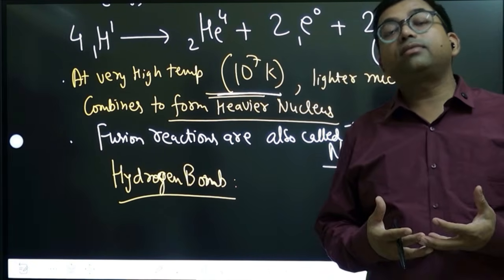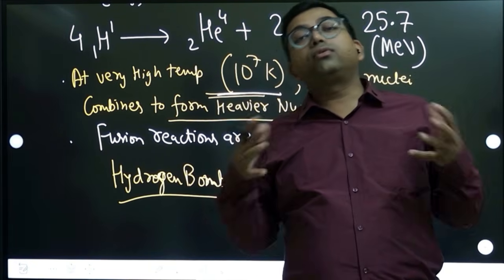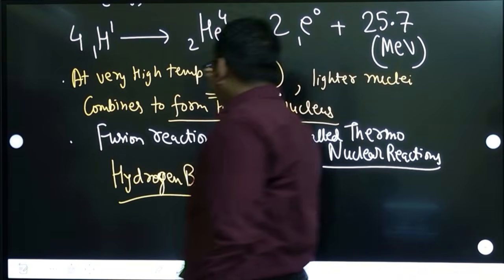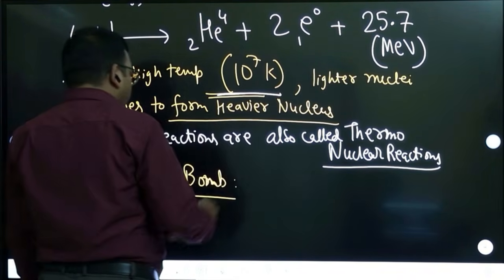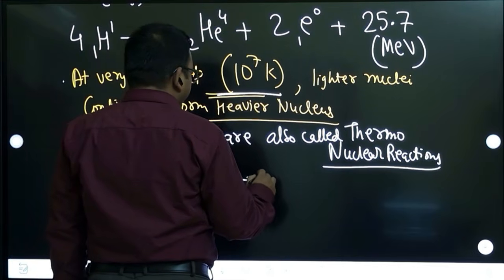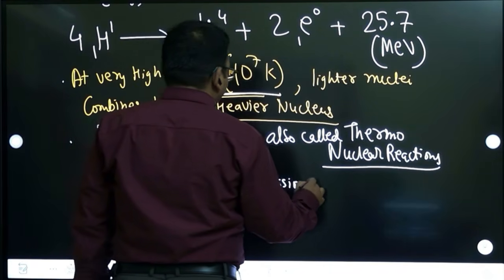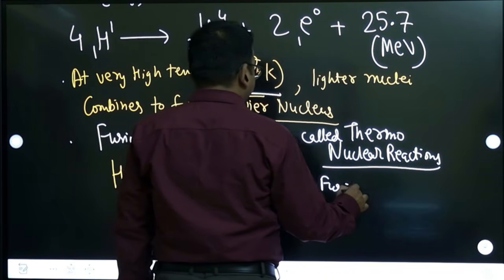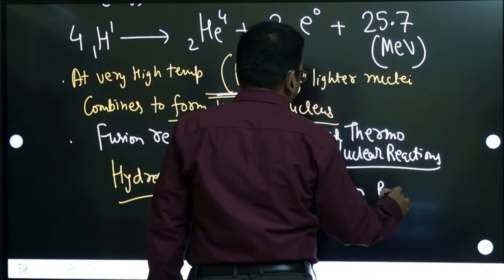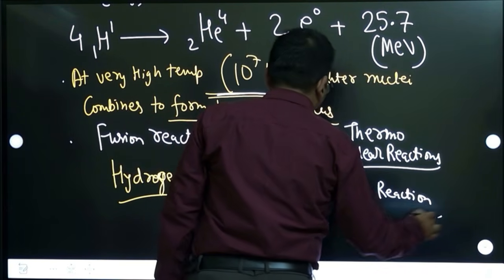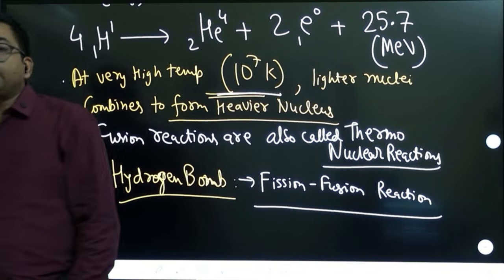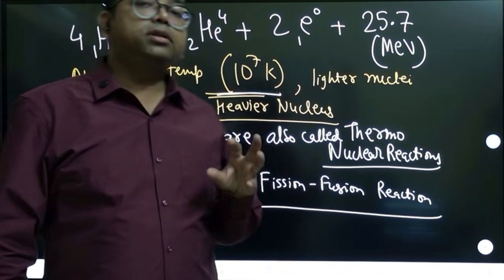That fission reaction will give energy, then fusion will happen. So this hydrogen bomb is nothing but a fission-fusion bomb. So inside a hydrogen bomb there is an atom bomb also.